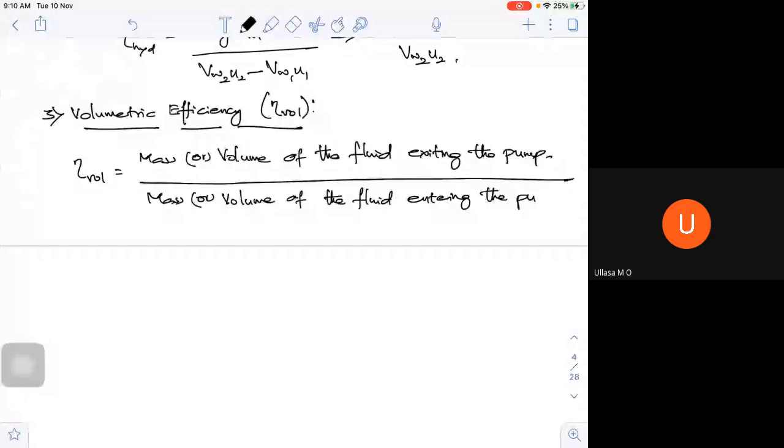I can write this as m dot by m dot plus delta m, where delta m is the amount of fluid that is lost.